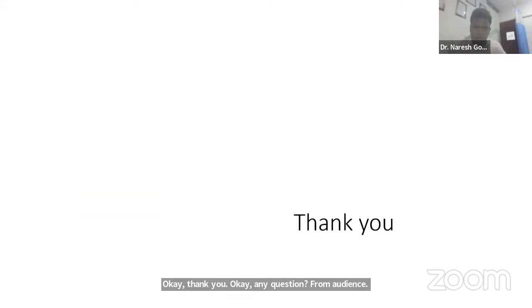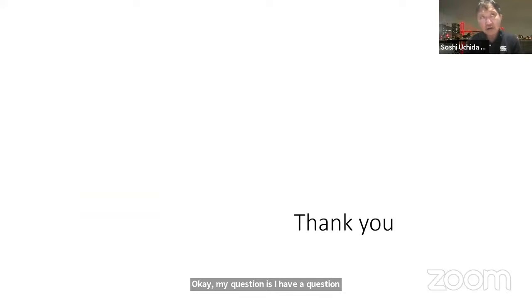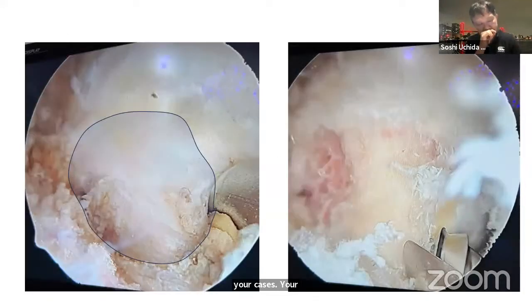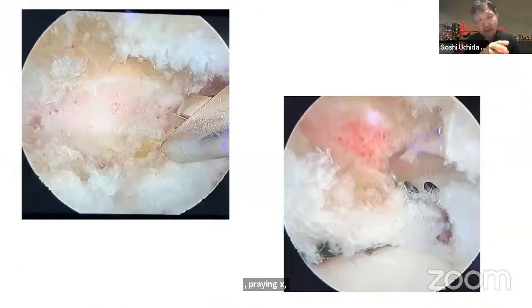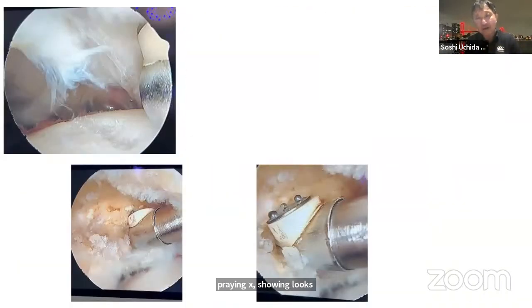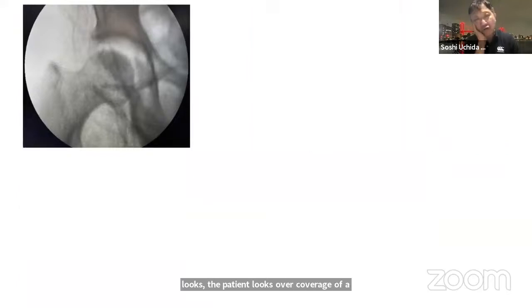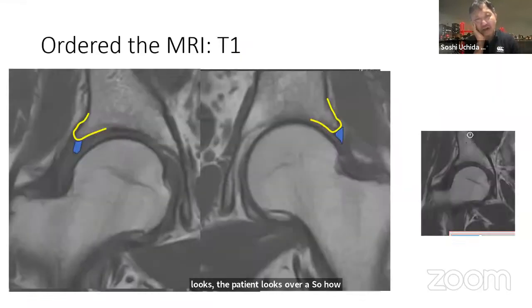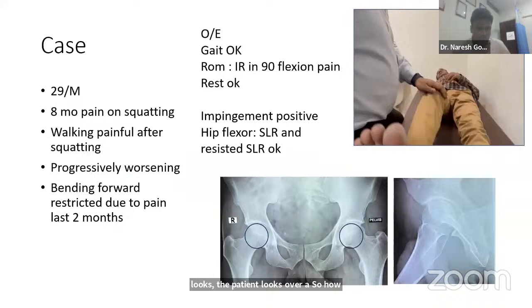I have a question regarding your cases. Your X-ray showing the patient looks like over coverage of the socket. So how was the lateral center edge angle?